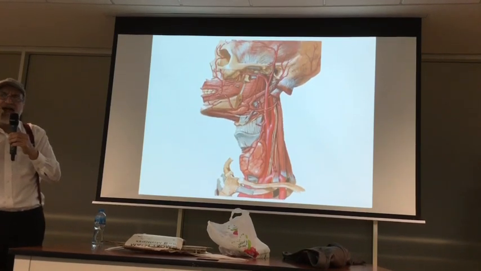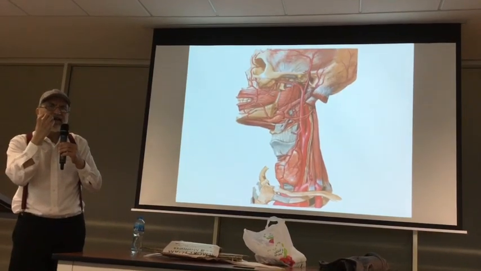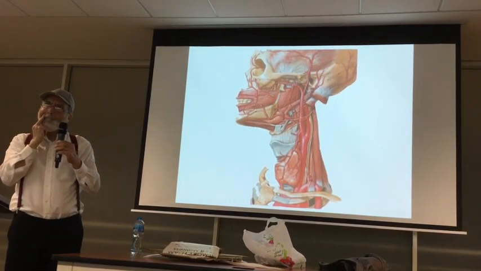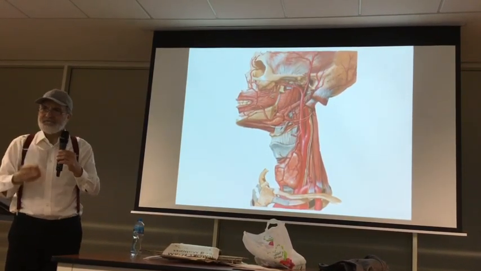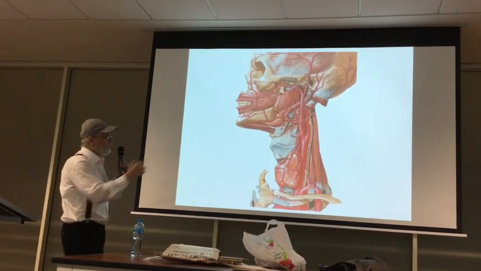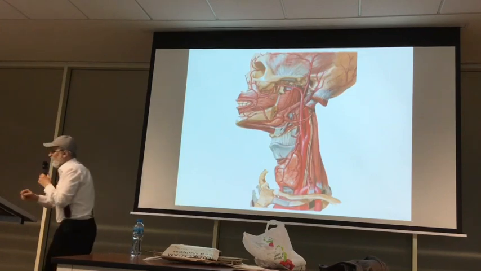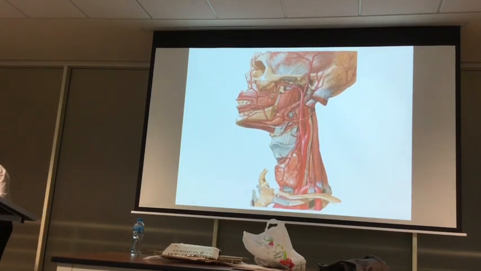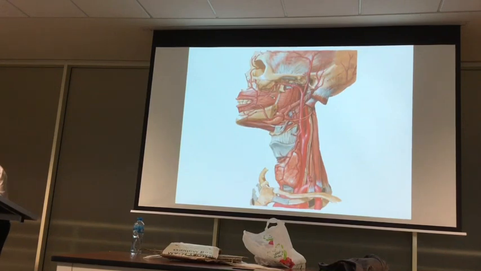If I remove this fat from over buccinator, I will look like a mummy. Are you following? Good. And as you can see, this is not decoration. This is the parotid duct, piercing.